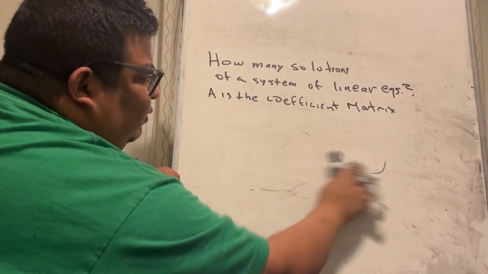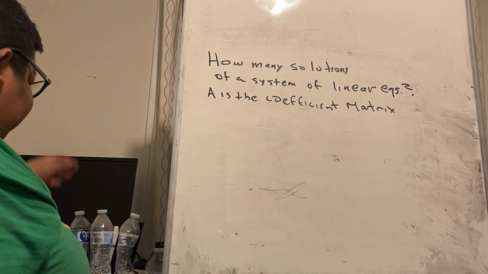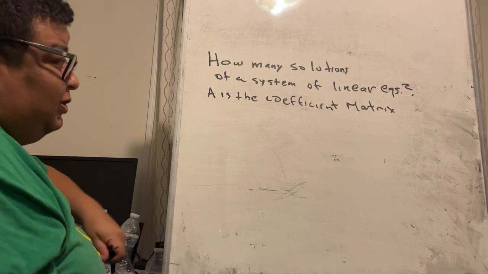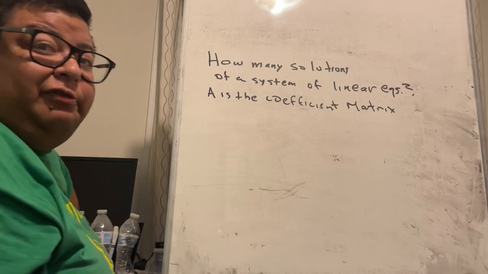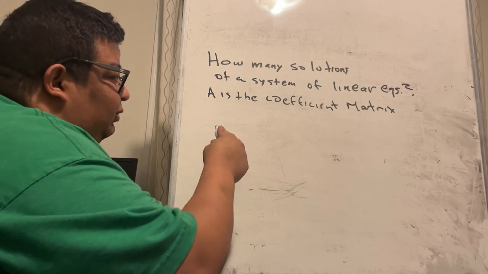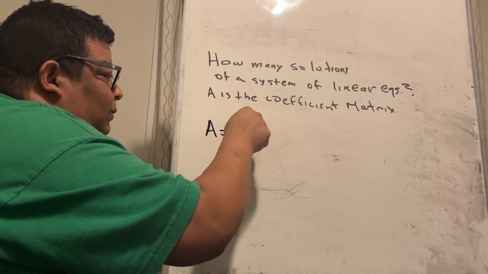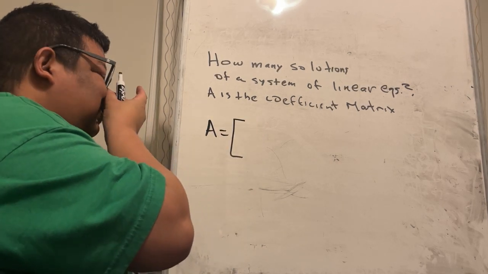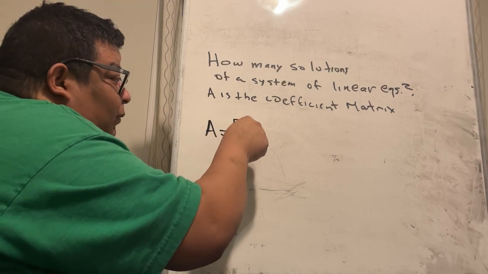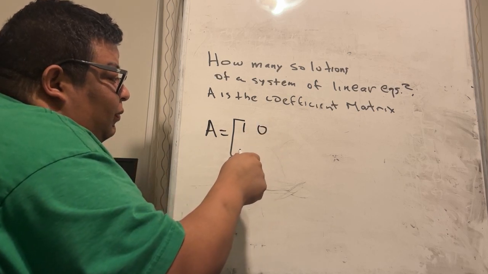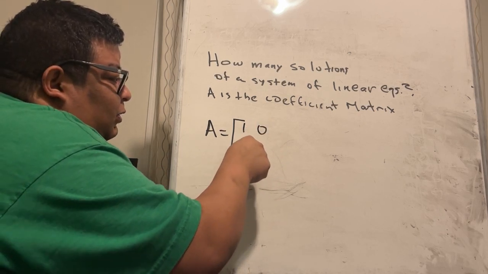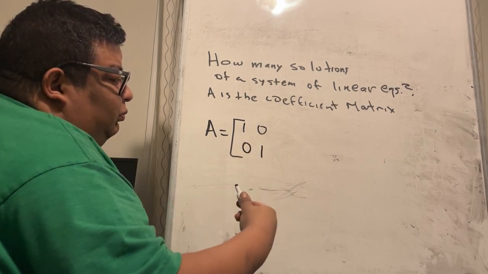So I'm gonna leave you with two things. I'm gonna give you one example. We're gonna find the rank of the matrix. So let's say A is equal to 1, 0, 0, 1.